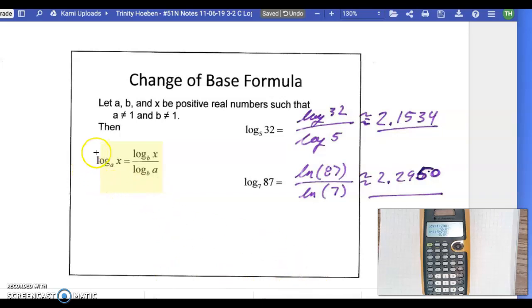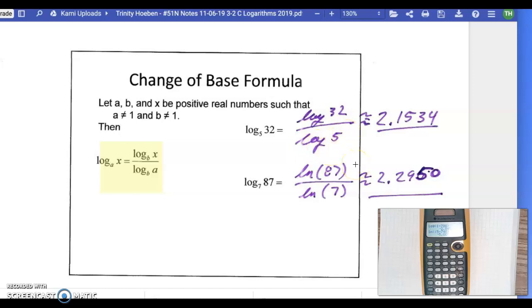Basically, if you have a log with a base of anything other than 10, you're going to separate it into log base 10 of the number x, divided by log base 10 of the base. For example, log base 5 of 32, you're going to rewrite as log base 10 of 32 divided by log base 10 of 5.